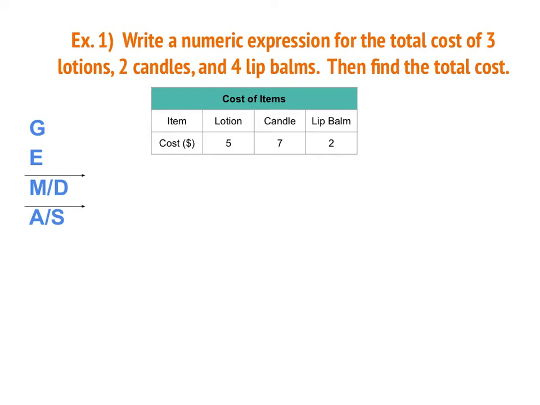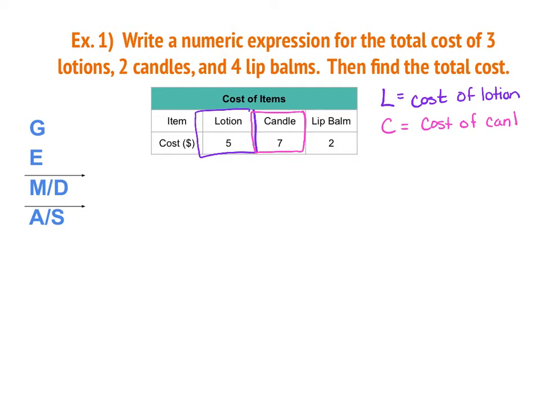So the first thing that I'm going to do is I want lotion. Okay. So I'm going to say L equals the cost of lotion. Then I want my candle, and I'm going to say C equals the cost of a candle.